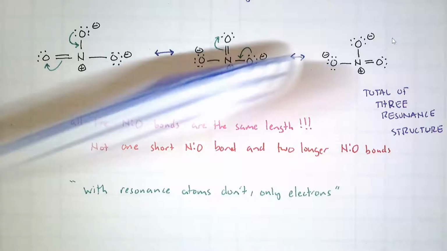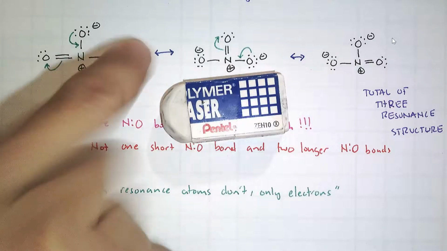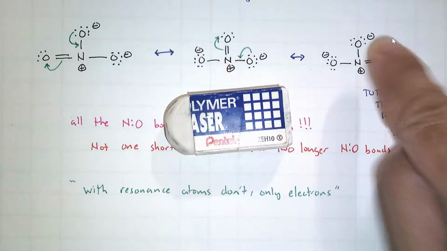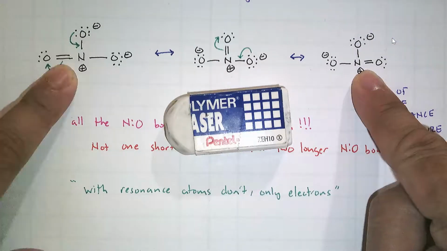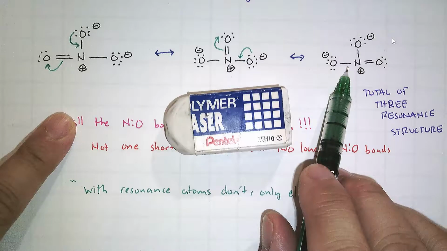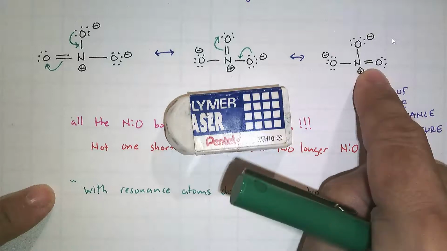You have this molecule, and the atoms are static, and the electrons are shifting in such a way, shown by the green arrows. Now to get from the third resonance structure to the first, you would bring these two electrons over. But normally on an exam, they don't ask you to go from the last to the first.